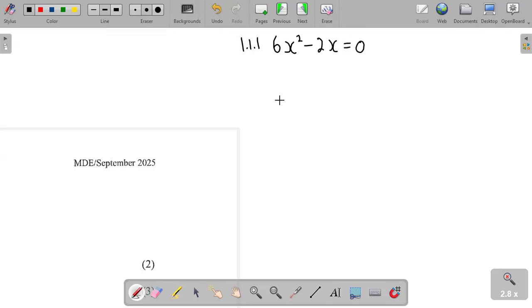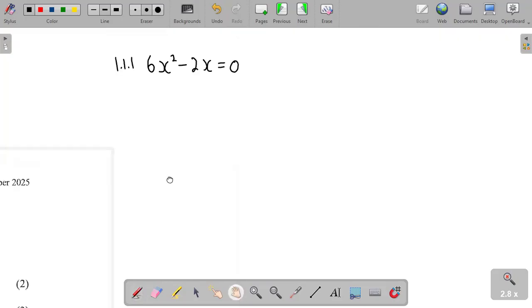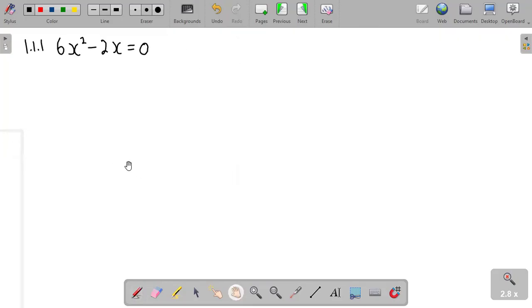So then what do we do here? Then we can take out the common factor. So what's going to be the common factor? It's going to be 2x.